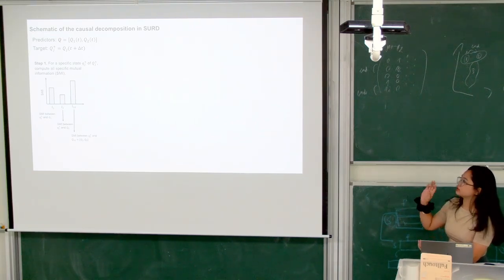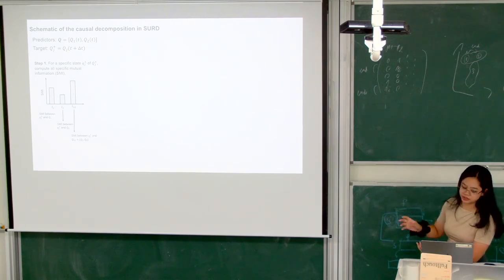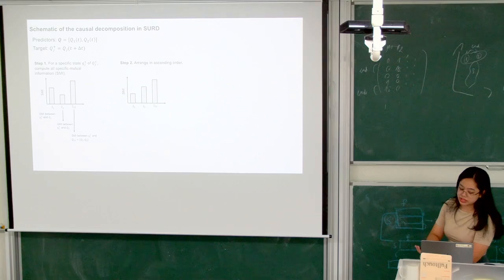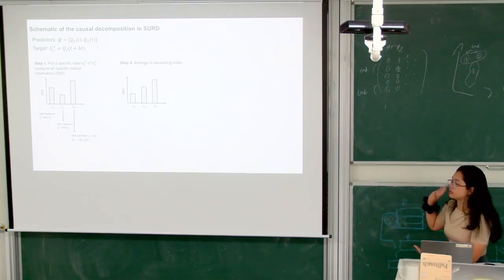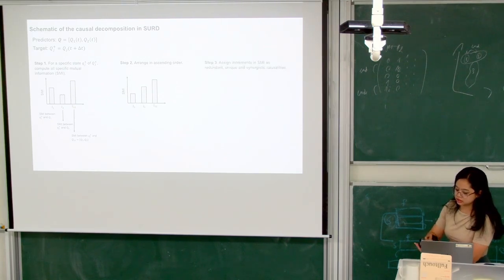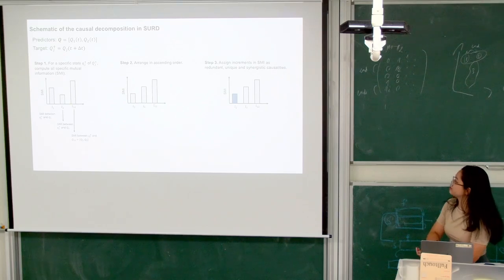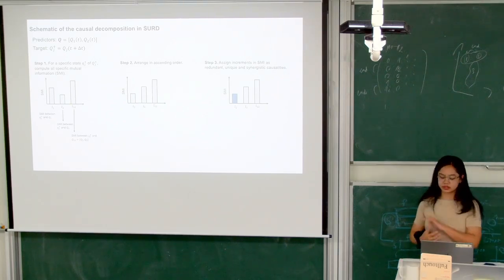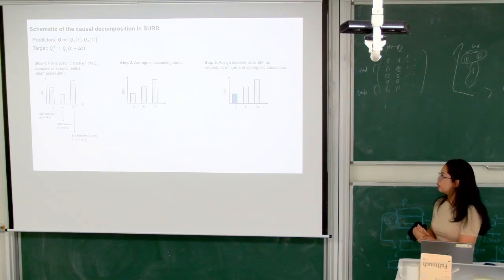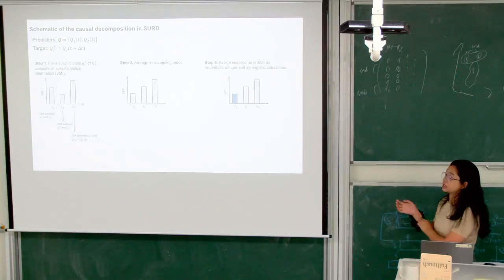So yeah, you just compute all the possible specific mutual informations, and the next step is just arrange them in increasing order. And this is the crucial step. Here we assign which values are redundant, unique, and synergistic causalities.